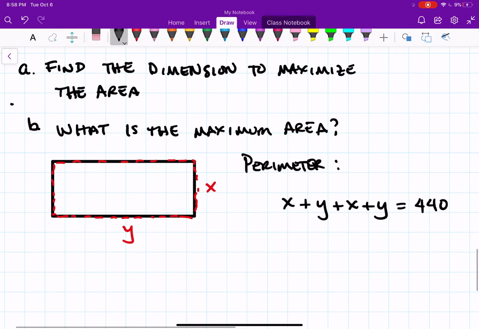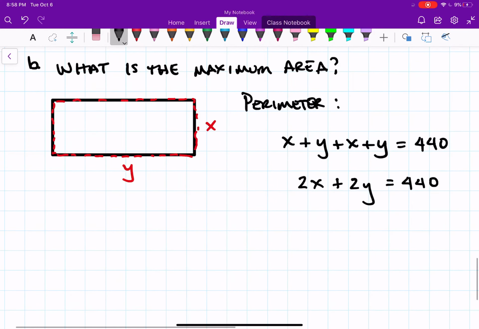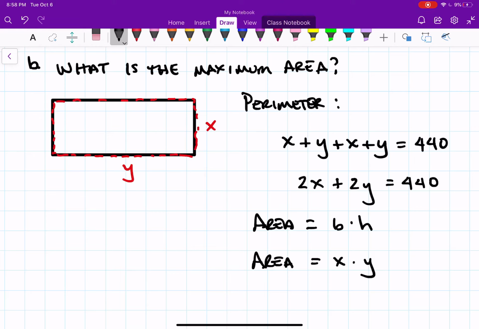So I know that 2x plus 2y equals 440. Awesome. All right. I know that the area is equal to base times height. In this case, area is equal to x times y, right?